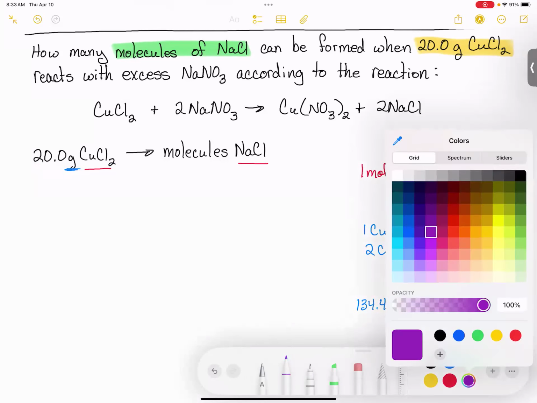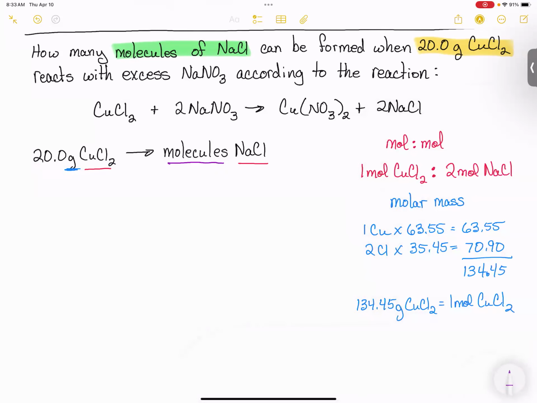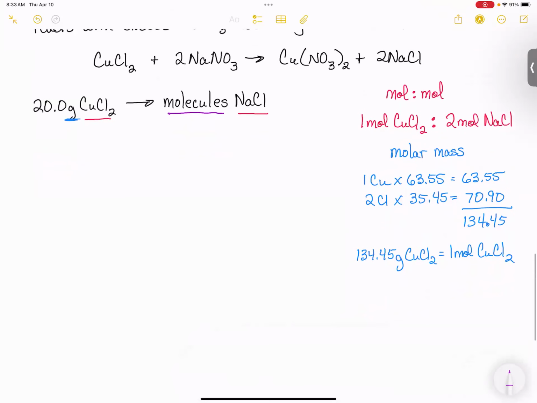Continuing to break down this formula, the next thing I see is I need molecules of NaCl. Molecules means I'm going to be using Avogadro's number, which is 6.022 times 10 to the 23rd, in this case, NaCl molecules, will equal 1 mole of NaCl.